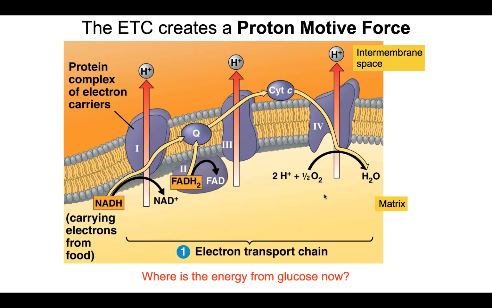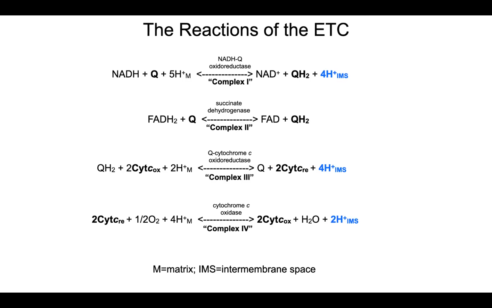The answer is this concentration gradient of protons. We call that potential energy, like water behind a dam, the proton motive force. And this is where the bulk of glucose's energy now exists, and this is the energy that we're going to use to do the work of making ATP.